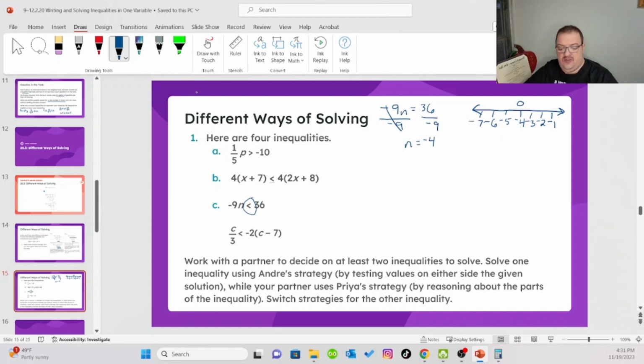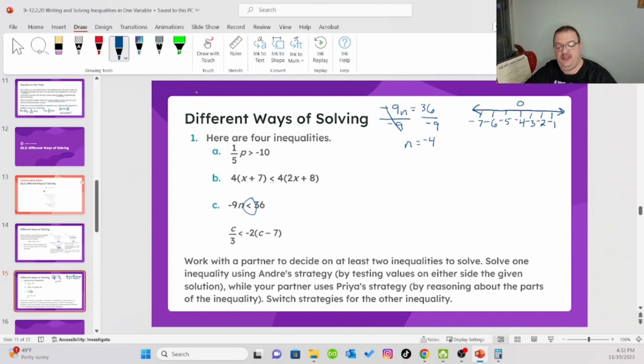So Priya's strategy is using logic, and this problem sets up well with logic. If I have a -9, then if I put a positive number in here, a negative times a positive will always be negative.